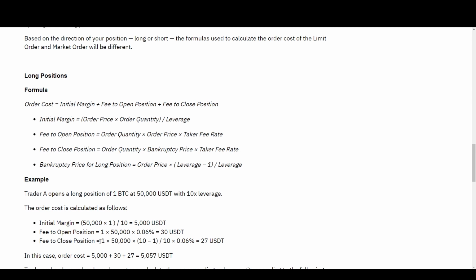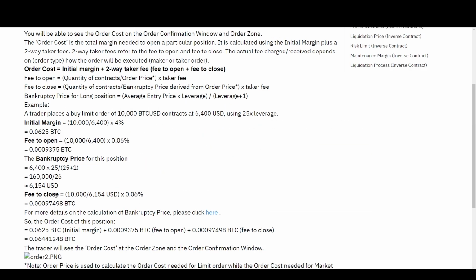One, fee to close, order quantity. One, bankruptcy price, 50,000 times this. Taker fee is this. So here, bankruptcy price is order price times 25 divided by this.